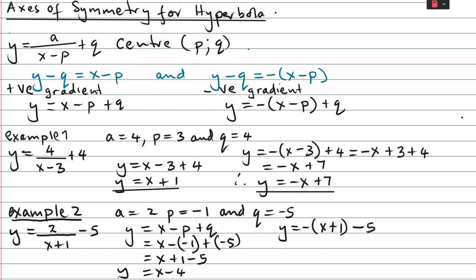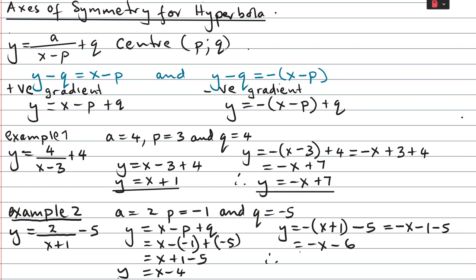So this is going to be minus x minus 1 minus 5, and this is going to be minus x minus 6.